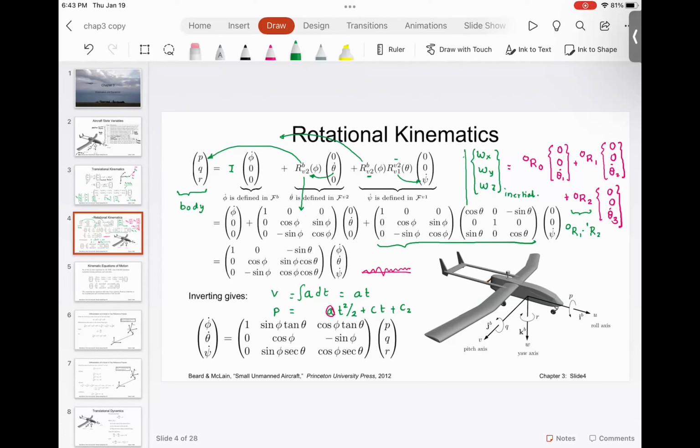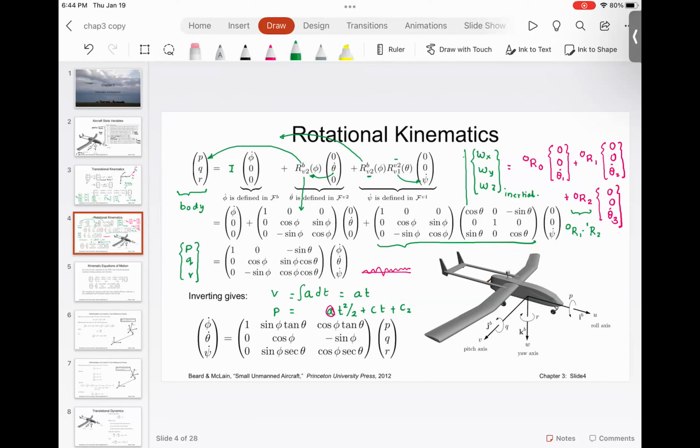So this rotation matrix is the matrix shown over here. When you perform this multiplication, you have a very simple equation: PQR is equal to this transformation matrix. And again, this is an orthonormal matrix because this is the rotation matrix.